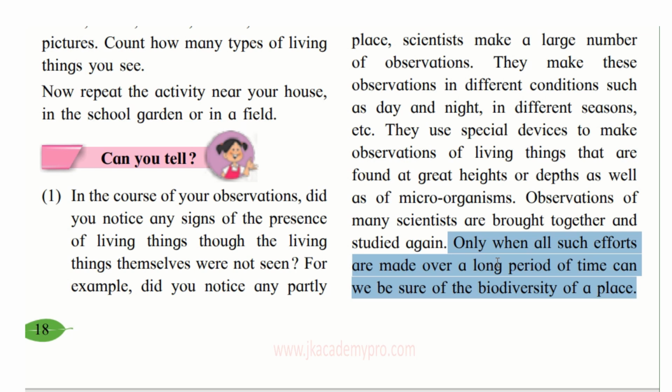After they see the same things around for a long period of time, then they will come to the conclusion that yes, this is the variety, or this is what we will find in this particular environment or this particular place. So that is how they will do their observation and come to the conclusion of the biodiversity of a place.